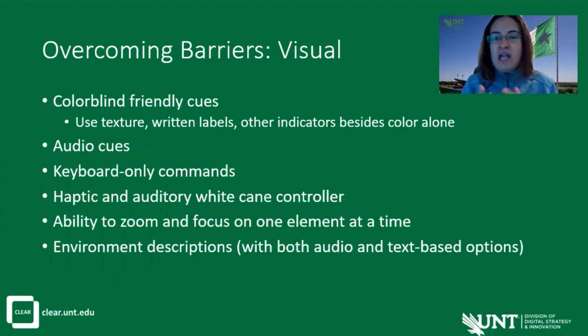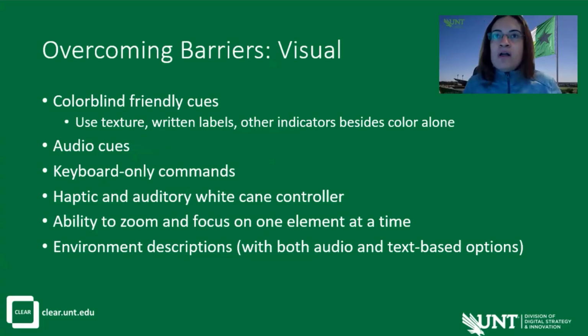Speaking of visual, again, like I said before, it's not just about people who are blind or have low vision, but up to 8% of the population globally is colorblind. I've seen in some games in the past, I remember attending a conference where they were showing a game, I can't remember exactly which, but this game was showing in green.